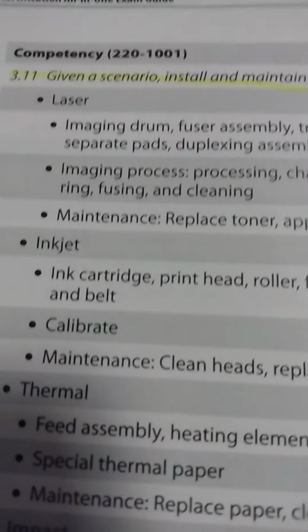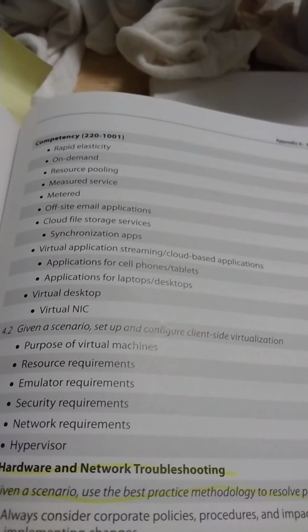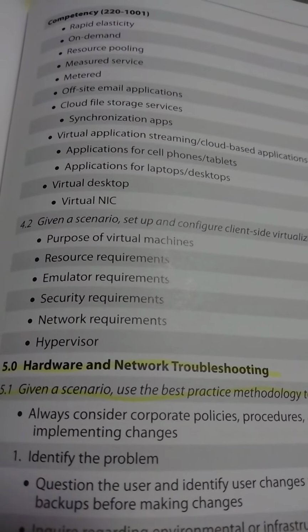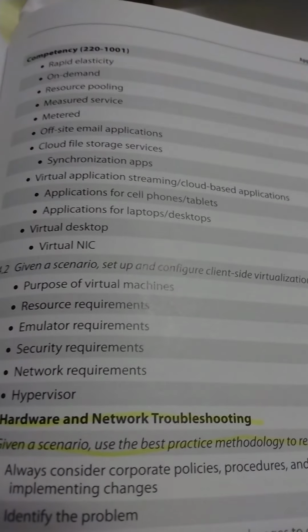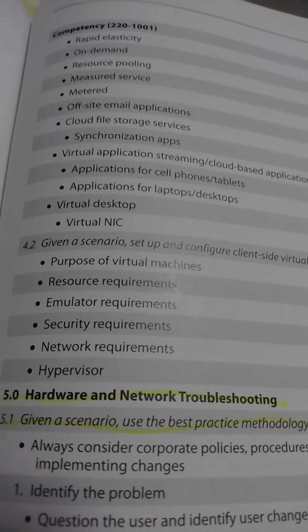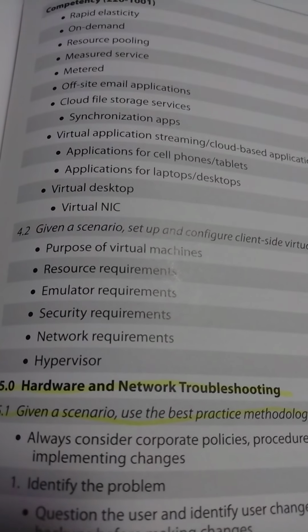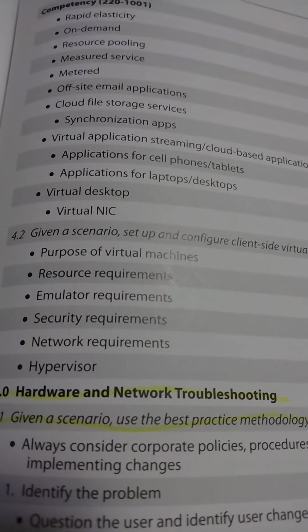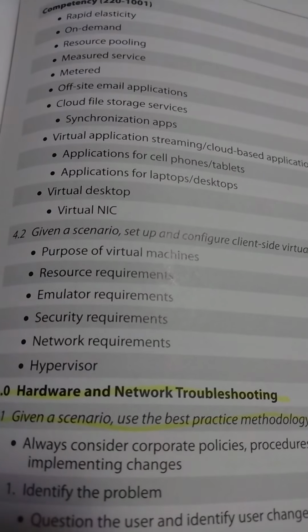And here's more with printers and such, and this is all chapter 26, with thermal printers, and this is 3.11, giving a lot of scenarios. But what I've seen from people who have posted on LinkedIn that have taken this exam is that it's not so much the scenarios that are really killing them.